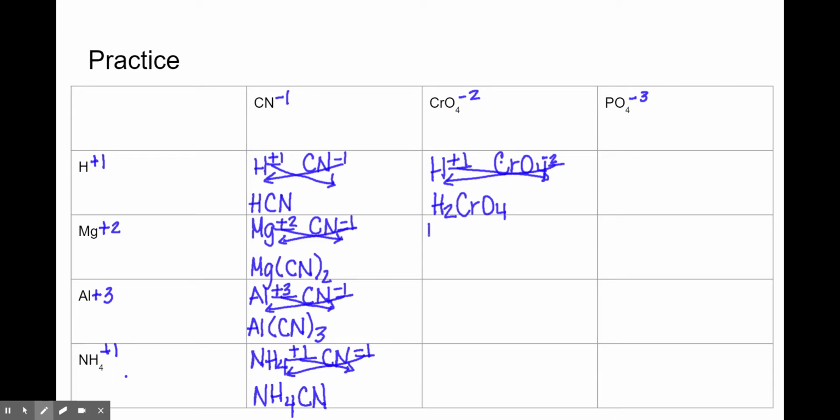Going down, I have magnesium, which is +2, and my CrO4, which is -2. When I cross them, I get Mg2CrO4 2. Because it's 2 and 2, they can be simplified, so it's going to be MgCrO4.